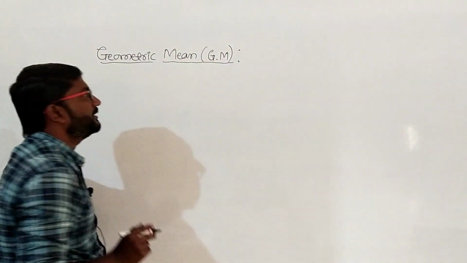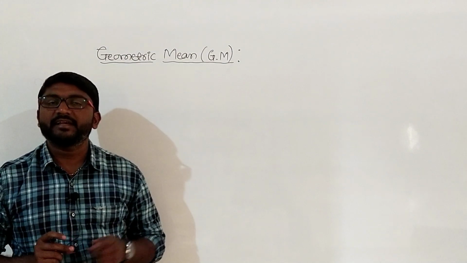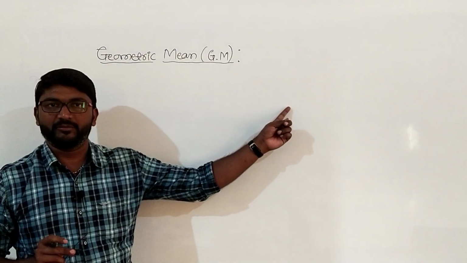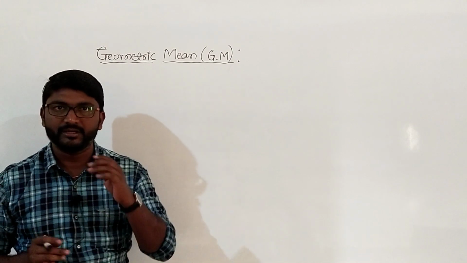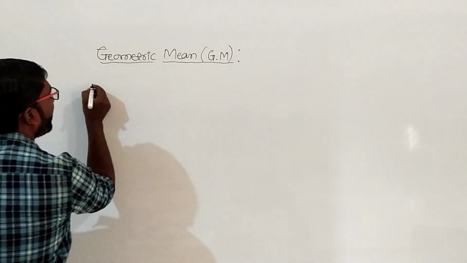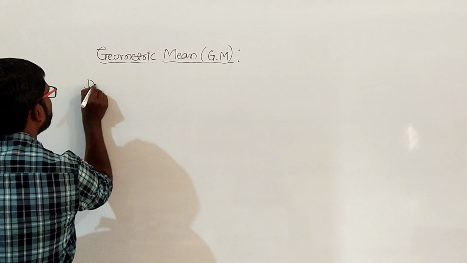It is GM. So let us take the two numbers as small a and small b, and we will have to write the GM of those two positive numbers. So see here, we'll go for the definition.